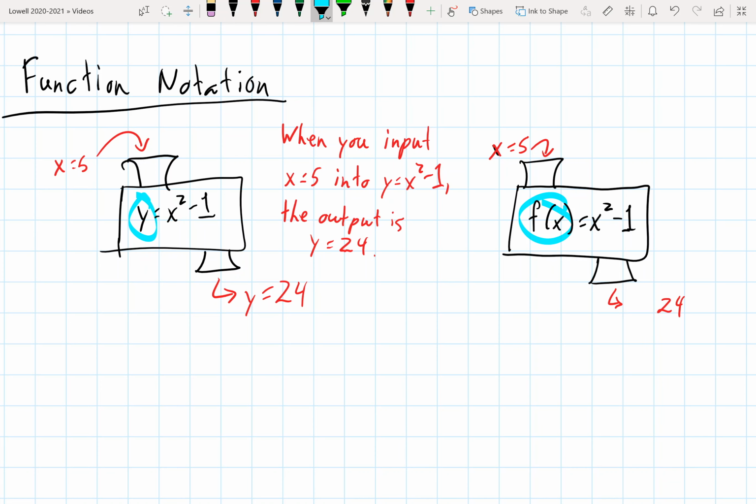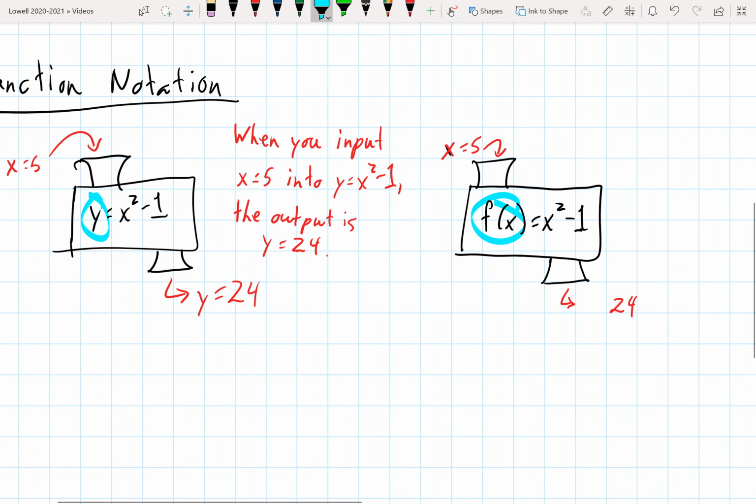Alrighty. The way we write this is, the output, instead of saying y now, we're going to say the output is f parentheses 5 equals 24. And all this means is that you took the original function, or the original rule. Again, the rule is basically the guts of the function machine. It determines what it does to the x.